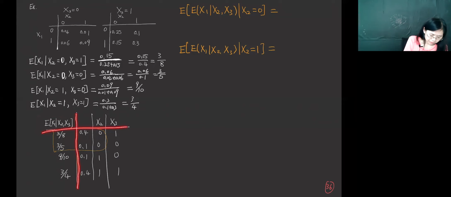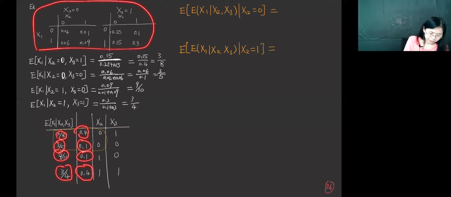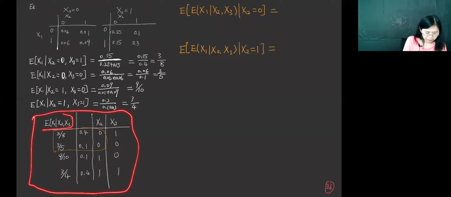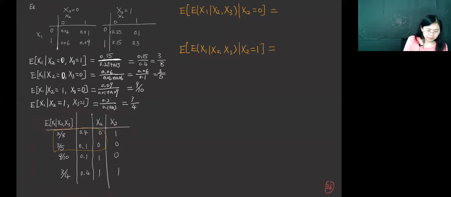This random variable can take four possible values, each with the following probabilities, which is also implied by this three-way table. Each value of E[X1 given x2 and x3] corresponds to a pair of values for x2 and x3. So this table describes how this random variable is related to x2 and x3.